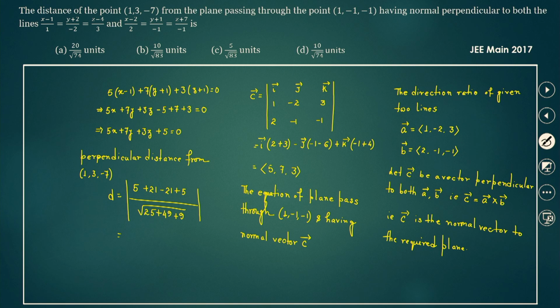This gives you 10 divided by the square root of 83.